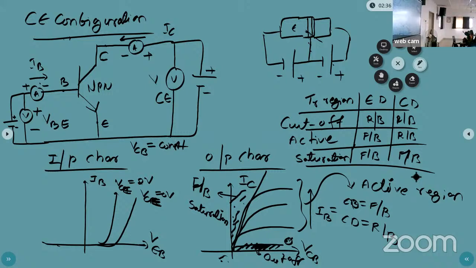Based on these three regions, the cutoff region, active region and saturation region, the transistor can be used in different applications.